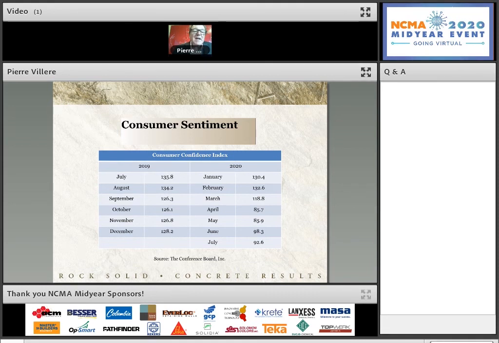This is the Conference Board's numbers. Their scale is a little different, but in July a year ago, or you could say August, you'll see that the numbers were in the 135 range as an average. In February, they're at 132. In July of this year, they're down to 92.